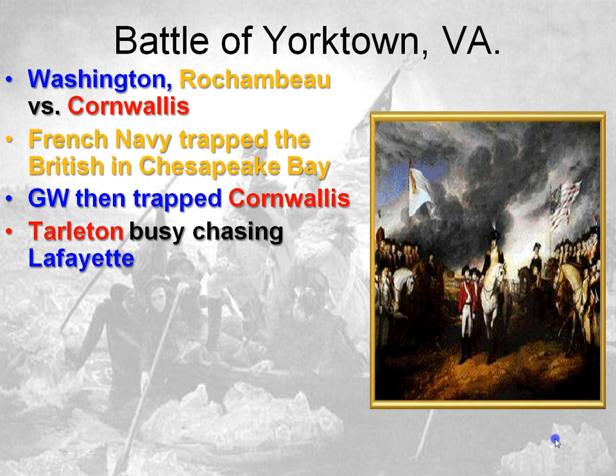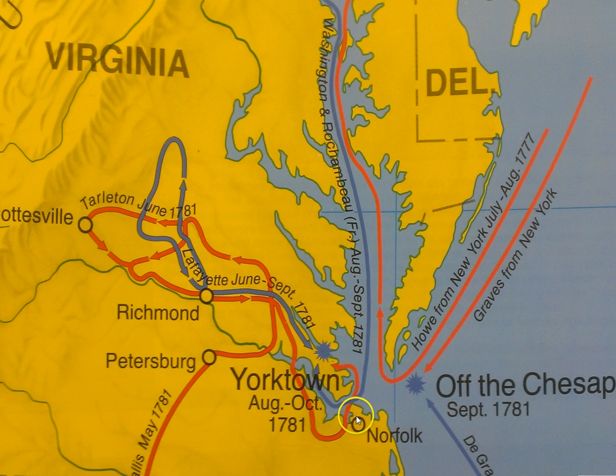Tarleton, in the meantime, is chasing around Lafayette. Washington sends Lafayette down during the summertime of 1781 to try to keep the British occupied. And you can see that Tarleton and Cornwallis chase their tail around trying to chase down Lafayette.